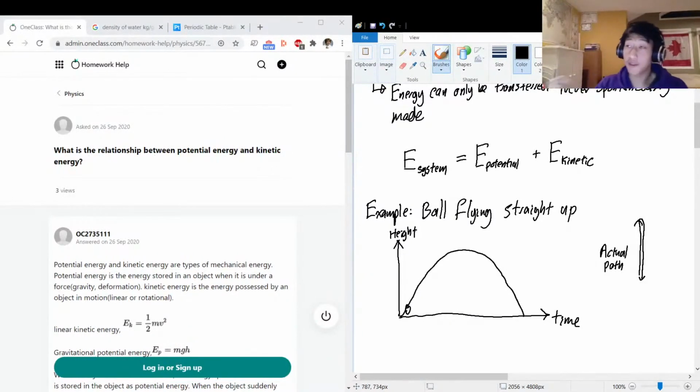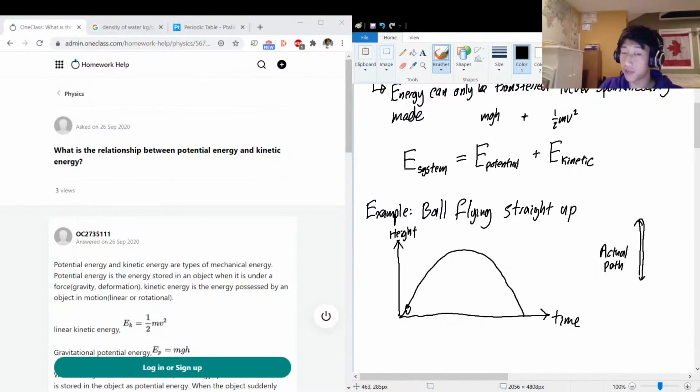So initially, when it leaves my hand, it's moving upwards with a considerable amount of kinetic energy. We know that kinetic energy is 1/2 mv squared. And potential energy, well, we have mgh. That's gravitational potential energy.